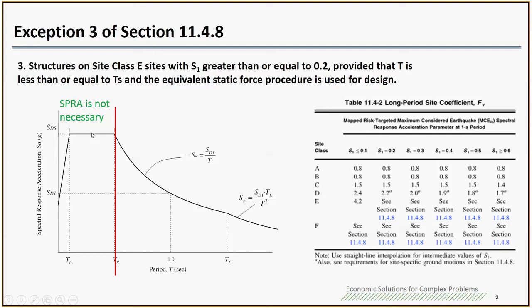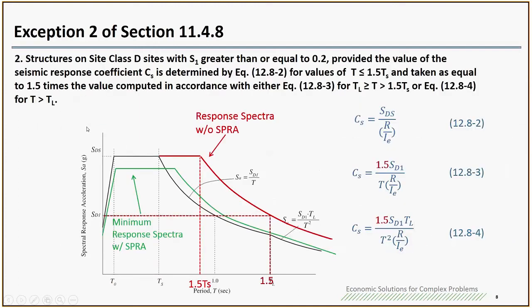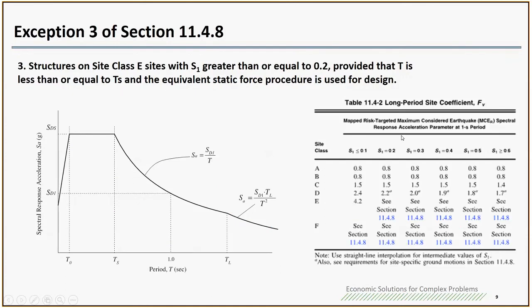You can still use the SDS to do your design. If you go back to the previous slide, you only need equation 12.8-2 to determine your base shear. If your structure period is on the right hand side of this red line, the site-specific response analysis is mandatory.